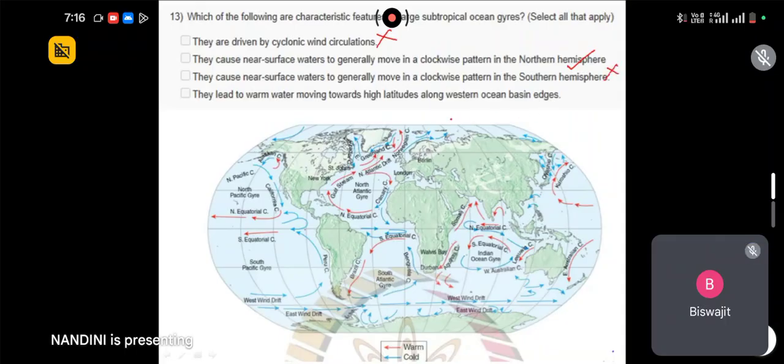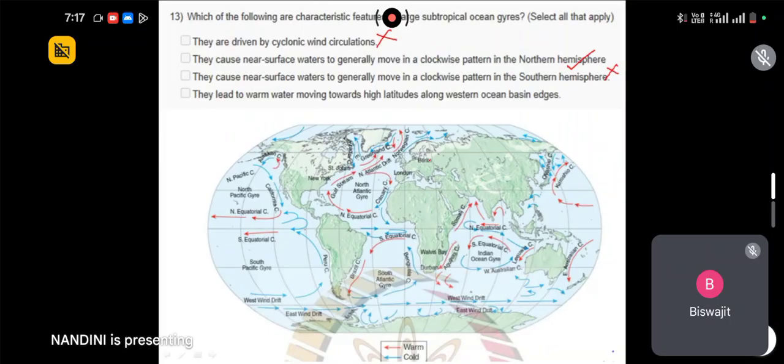And they lead to warm water moving towards high latitudes along western ocean basin edges. We can classify it based on the ocean, western ocean and eastern ocean, and also eastern coast and western coast. I told you the eastern coastal currents are warm and western coastal currents are cold.